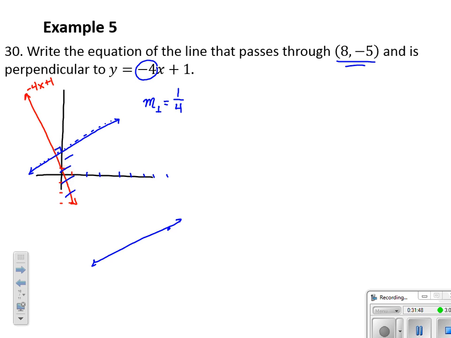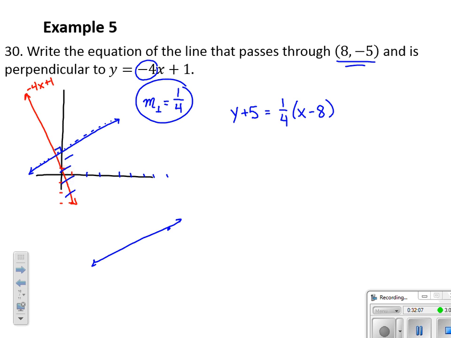So now we've got our slope and we've got our point. y minus y1, minus a -5 is the same as +5, equals our slope 1/4 times x minus x1, and that given x value was 8.